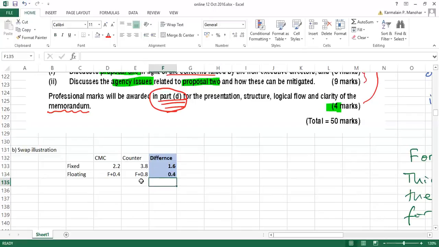And once more, we would find the difference between those two. And we could probably put in our notes that since CMC has both rates better, that's our reason for finding the difference. If they had one rate better and one rate worse, we would have added those differences. So the difference is 1.2.